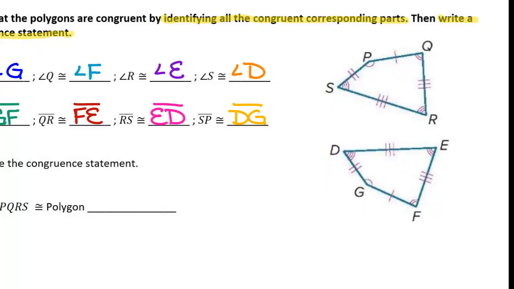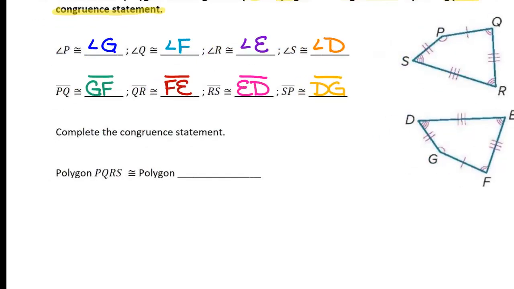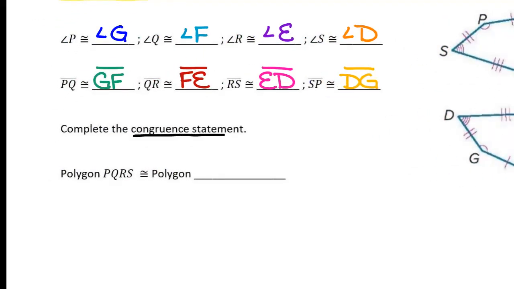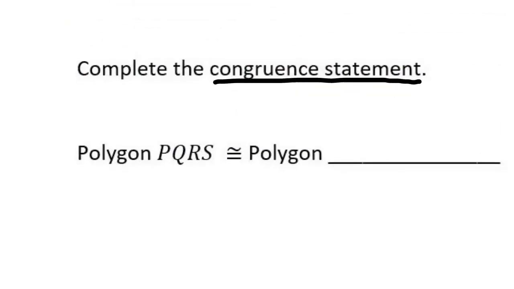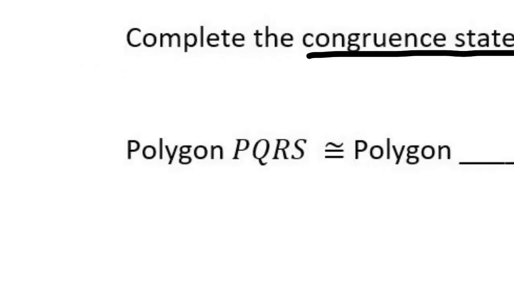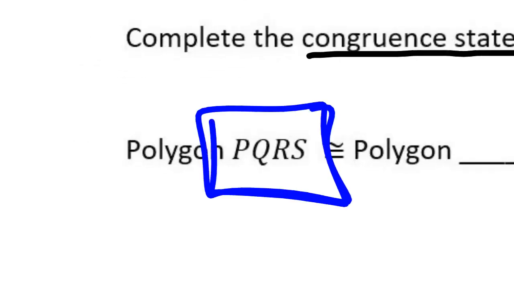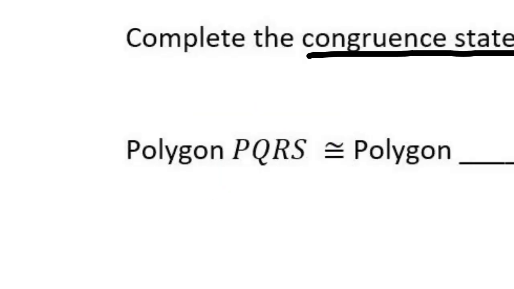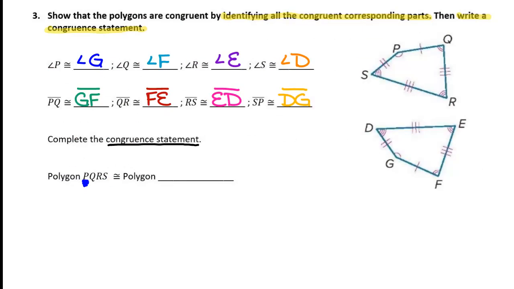Last thing we need to do on this is to write a congruence statement. So we need to make sure to match up all the corresponding congruent parts. I'm going to match up my angles first. They wrote the name of the first polygon. They called it polygon PQRS. They started with the letter P. We said that angle P is congruent to which other angle up there?